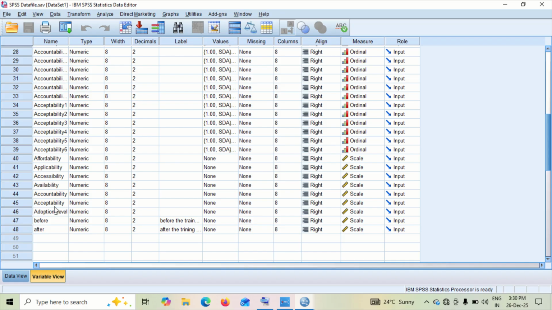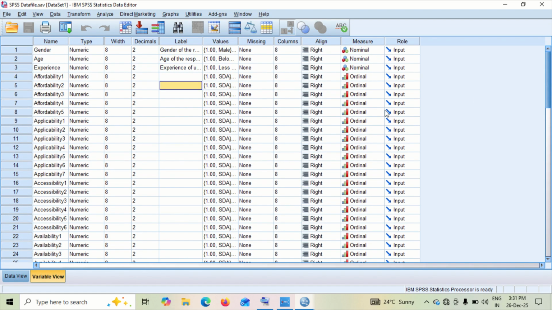And the overall adoption level can also be termed a continuous scale variable. Therefore, in order to check whether there is any significant difference in these dimensions and overall adoption level, we have to choose one-way analysis of variance.